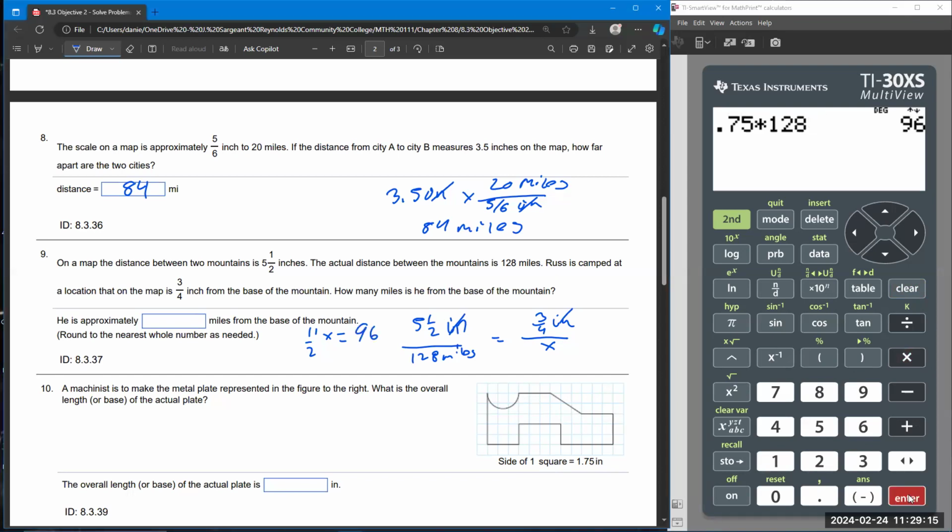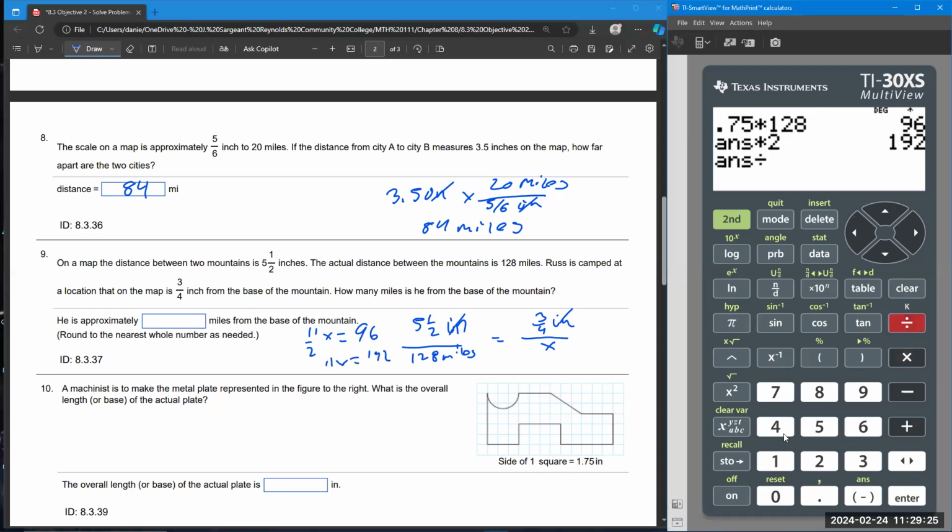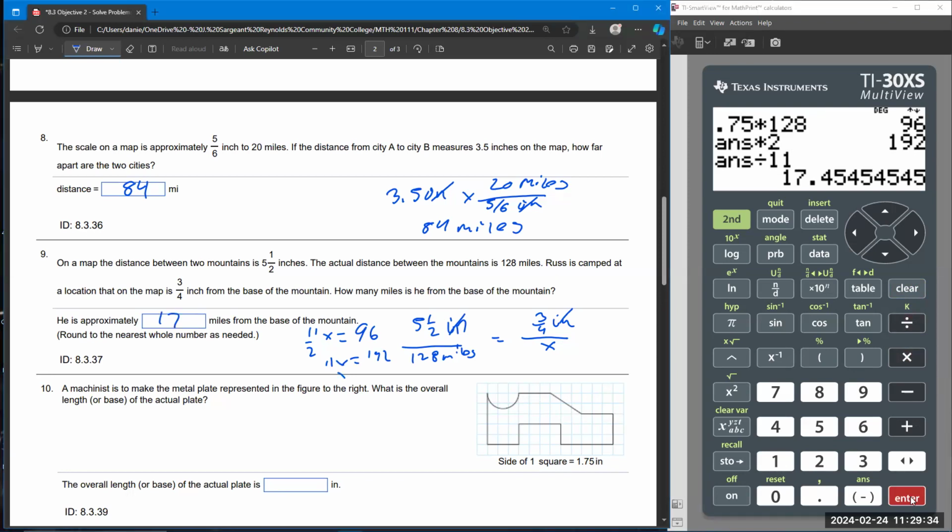So 96 times 2 divided by 11 is, rounding to the nearest whole number, 17 miles. X is 17.45 repeating, and that's about 17 miles.